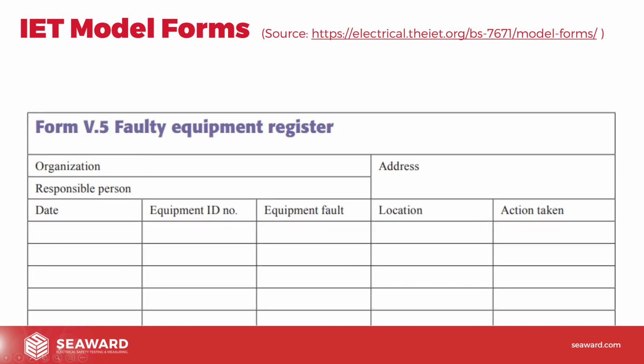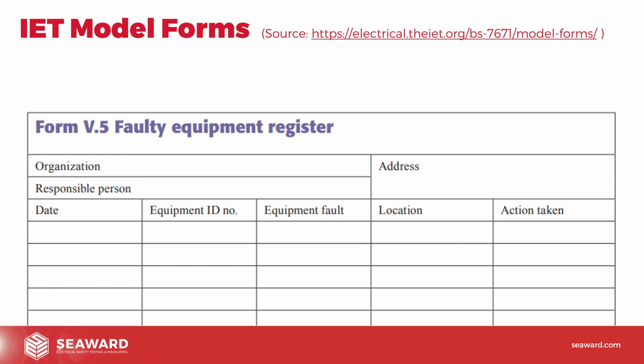Now, obviously, the flip side of the coin here, and probably you'd actually use these forms the other way round, is the faulty equipment register. Generally, when you do a visual inspection, or a user check even, or a formal combined inspection and test, any piece of equipment that's found to be faulty, even if it was a user check on your own equipment, would then be entered into the faulty equipment register.